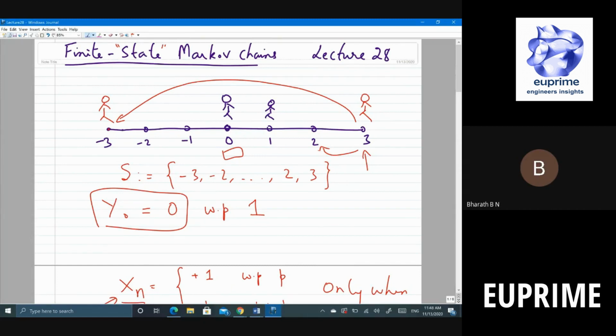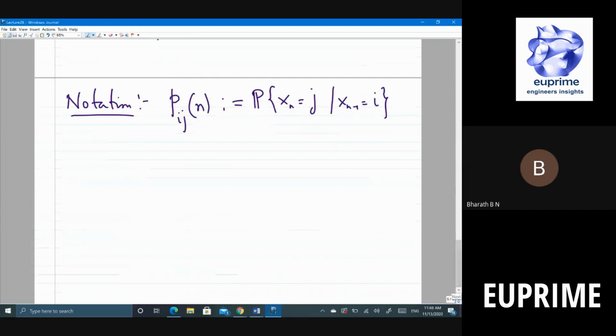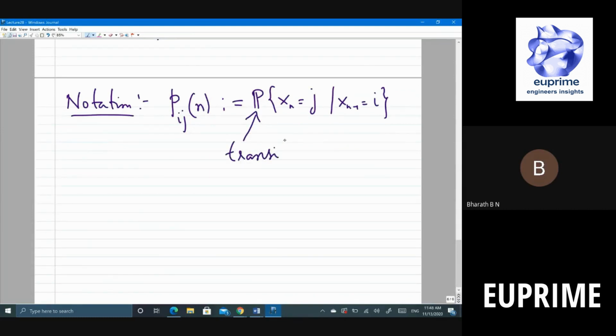Then the transition probabilities, these are called transition probability, will change over time. It's possible to construct such a Markov chain, with this kind of change in the probabilities.